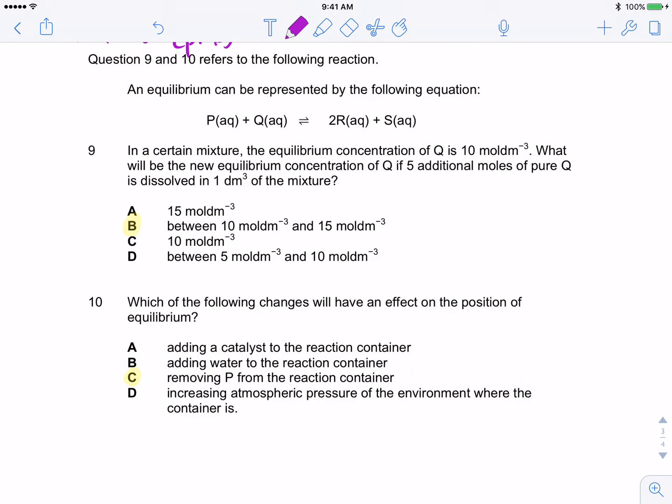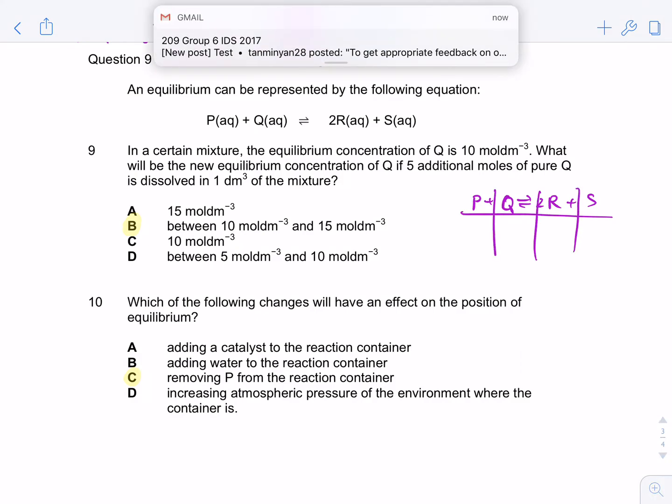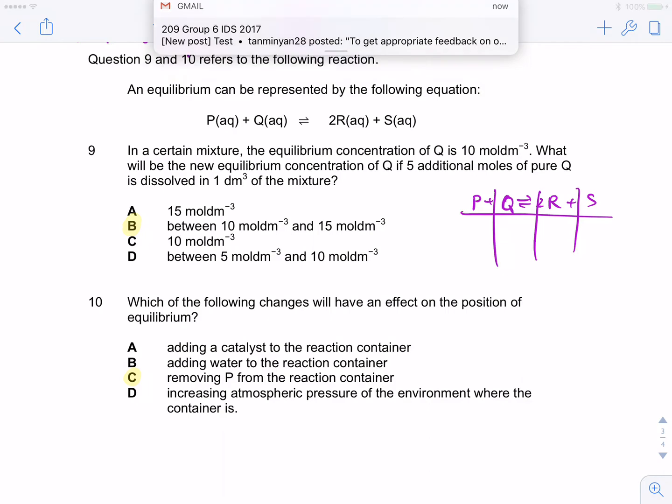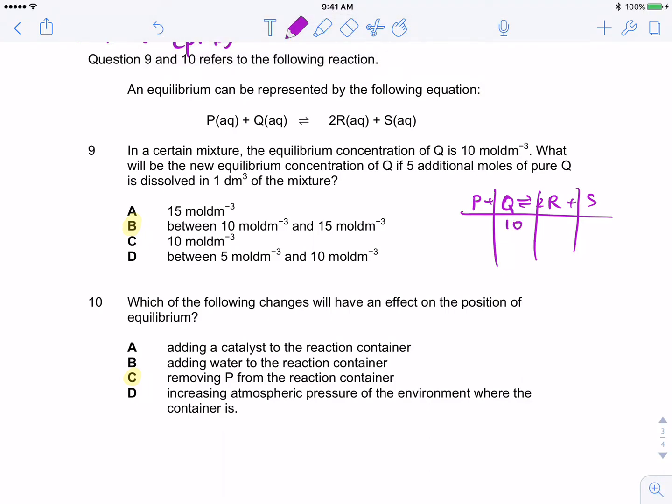Okay, so to do this, I always like to draw some small table. P, Q, R, S. Okay, initially this is 10.